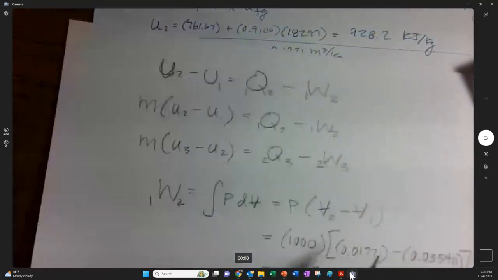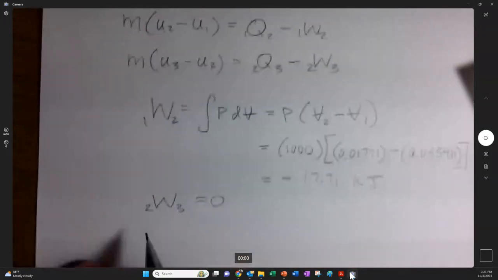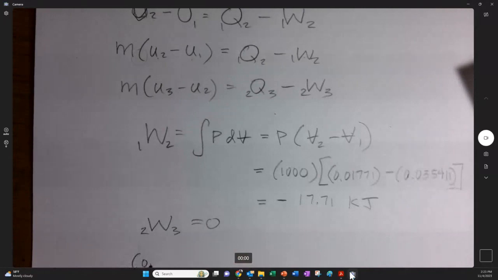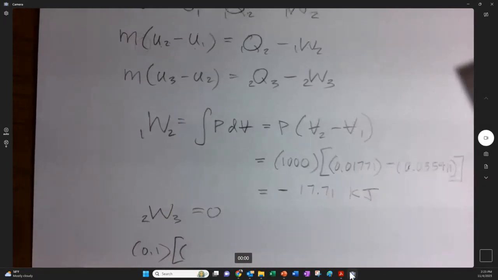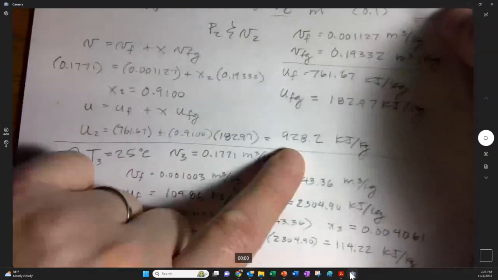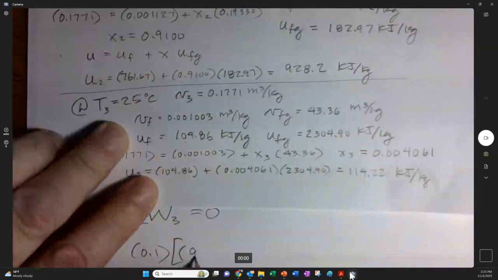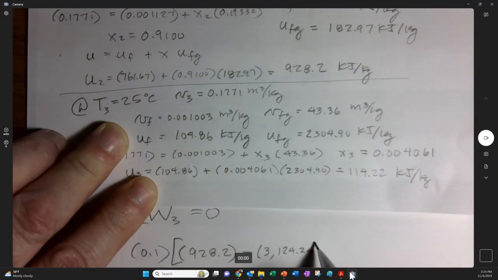All right. So what we could do now is come back up and find out how much heat goes out at Q1 to 2. That's going to be the mass, which is 0.1, times U2, which was found to be 928.2, minus U1, which was a much larger number, 3,124.34.